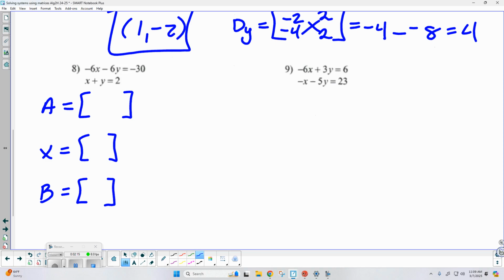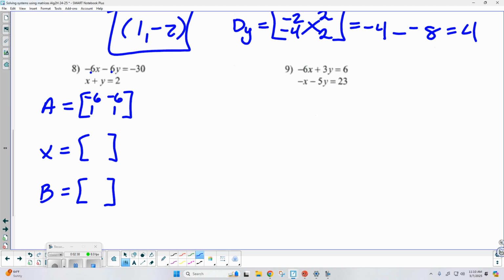So can anybody tell me what's going in the top row for matrix A here? -6 and -6. I'm taking those coefficients directly out of the system exactly as I see them. So what's the bottom row going to be? 1 and 1. That's why we call it the coefficient matrix. We just use the coefficients.